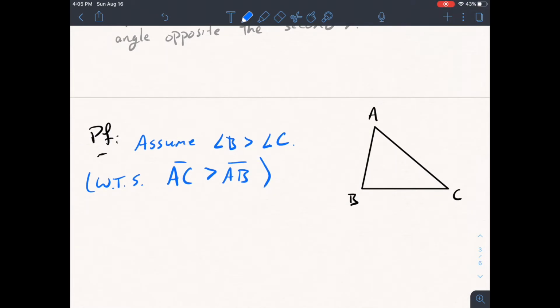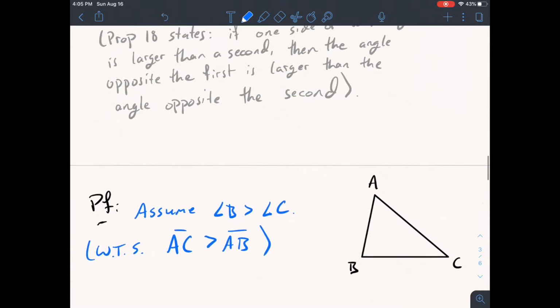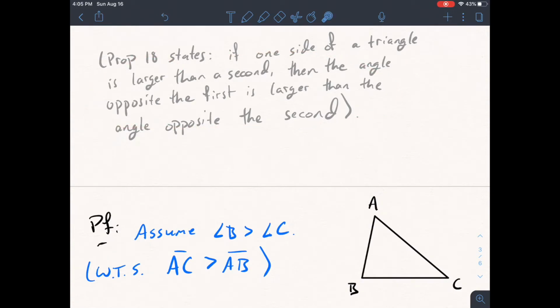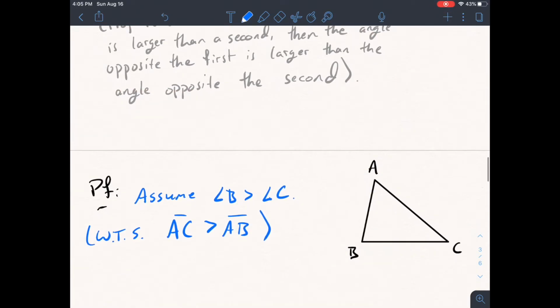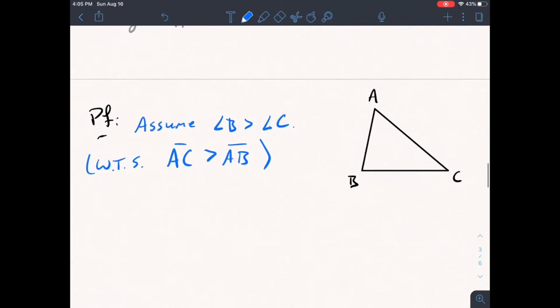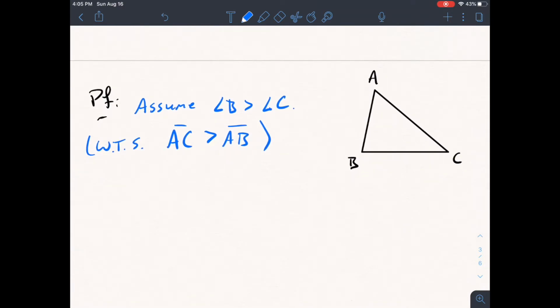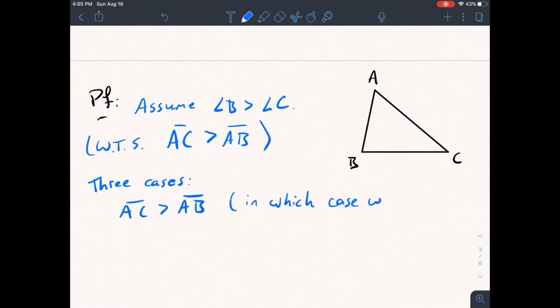Off the top of my head, I don't know how to do this directly, but we can use Proposition 18 in a clever way, as well as some facts about isosceles triangles, and also an indirect proof here. So there are three cases for what could happen. We could have that AC is in fact bigger than AB, in which case we are done.